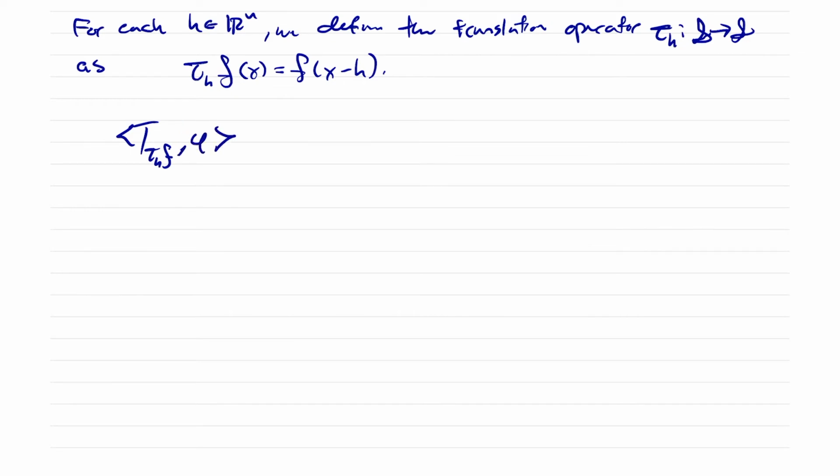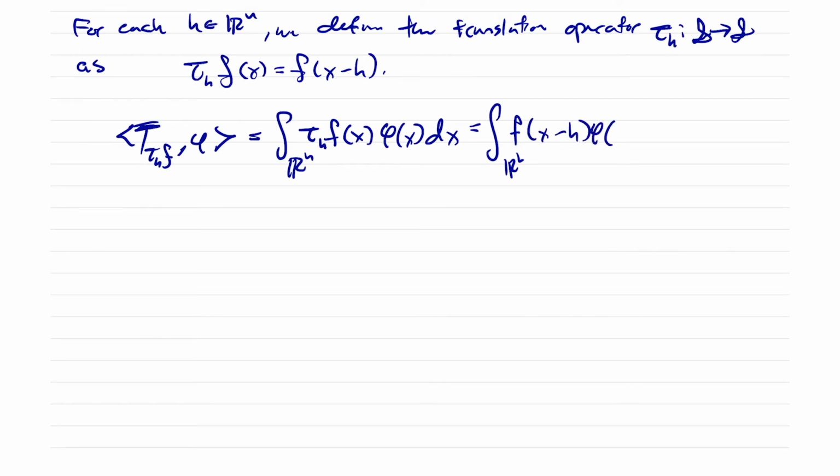And what is that going to end up giving us? Well, that's going to be the integral over Rn of tau sub h of f of x times phi of x dx. Right, and so we know this is the integral over Rn of f of x minus h times phi of x dx, and this, after a substitution, will get you to f of x and phi of x plus h dx.